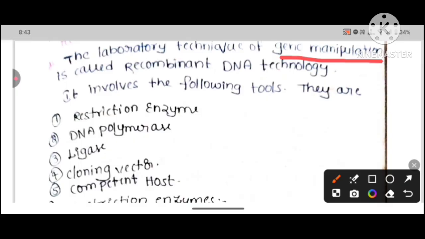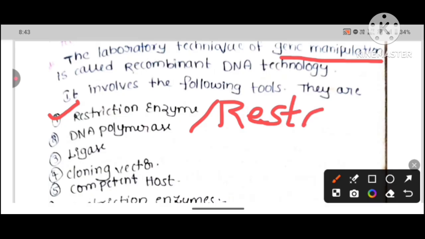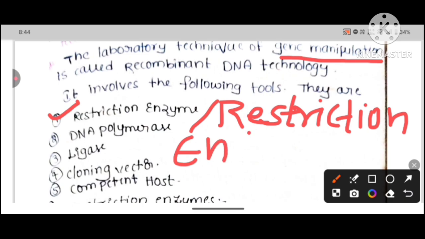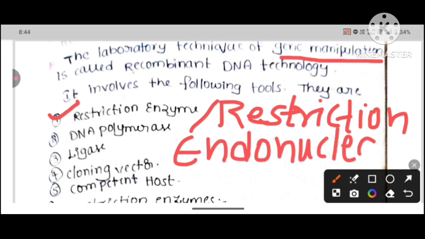Let's discuss them. One is the restriction enzyme, also known as restriction endonucleases. The second one is the DNA polymerase enzyme, which is used to synthesize new strands of DNA.